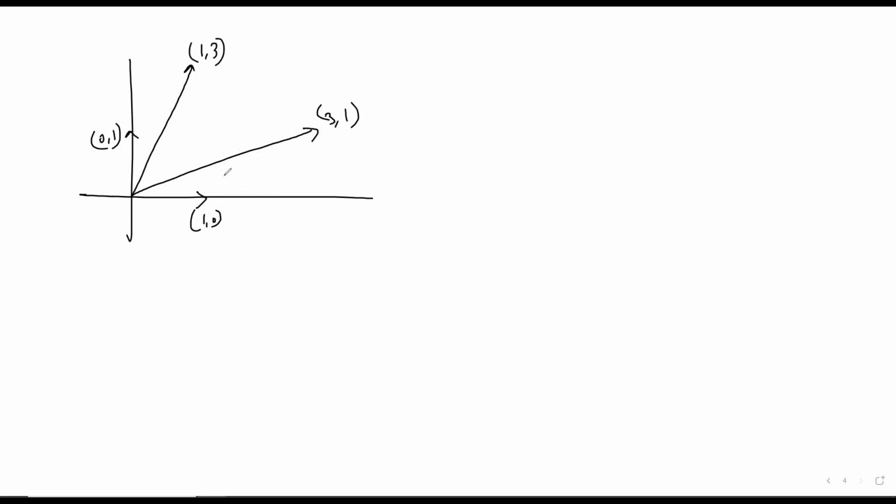So what does this say? It means that there is a matrix which is sending 1,0 to 3,1, and it is sending 0,1 to 1,3.